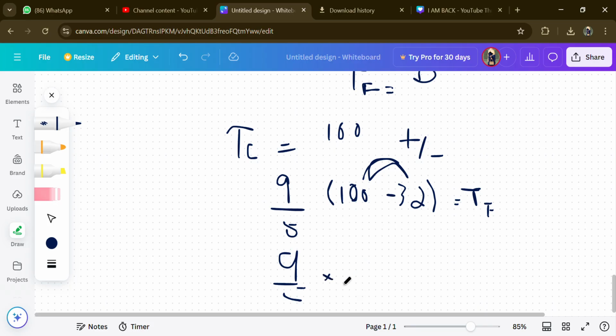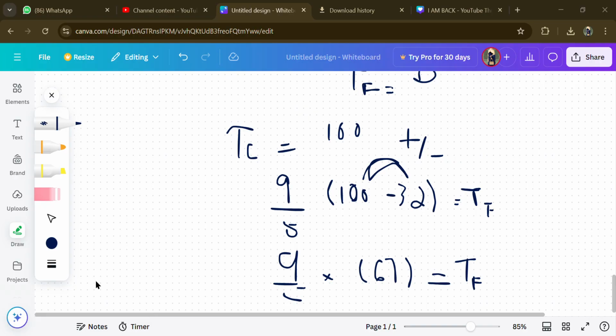Okay, I have equated it. Let me remove that equation. 100 minus 32, so it will be 69. 60, not 69, 67. My calculation can be wrong, so don't judge me like that. Oh, okay, let me just open up the calculator. So it will be 100 minus 32.